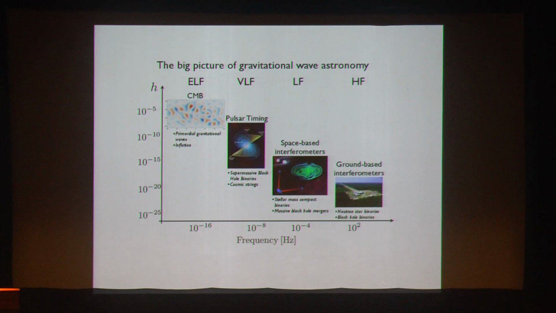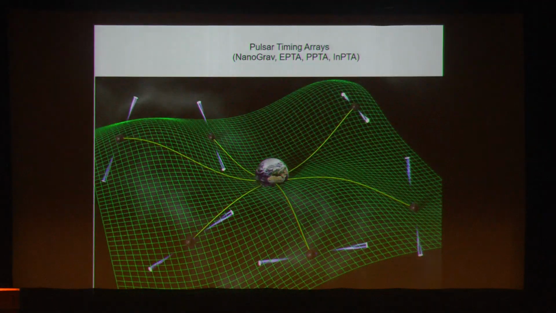So our universe is actually full of this stochastic gravitational wave background, and these are coming from various sources like supermassive black holes or maybe inflation. Now, let us see this experiment, the pulsar timing experiment. What is pulsar timing? From the Earth, the observer is measuring the pulses at regular intervals.